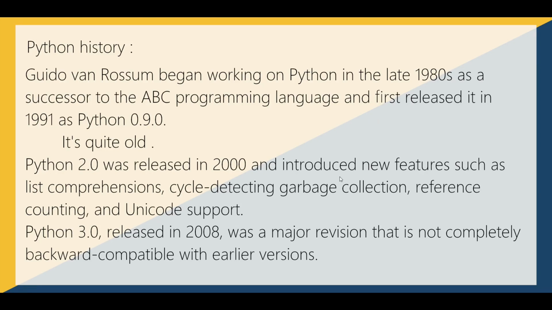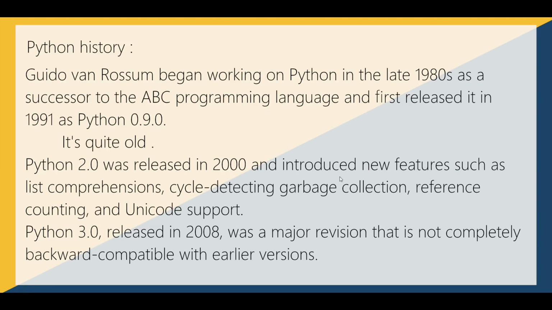It's quite old, so don't misunderstand Python and think that it is a young programming language. It is quite old. For instance, it's older than me. So there's a lot going on around this language, and it has some strong background.